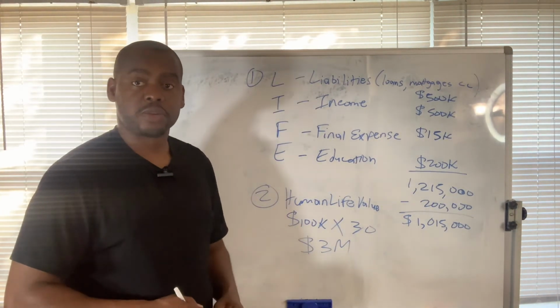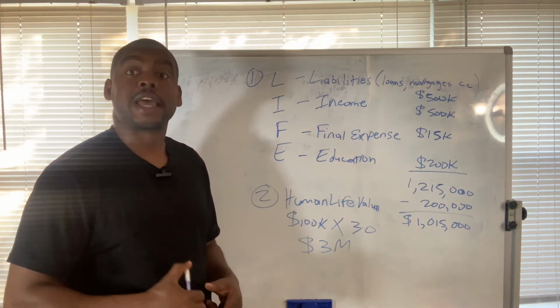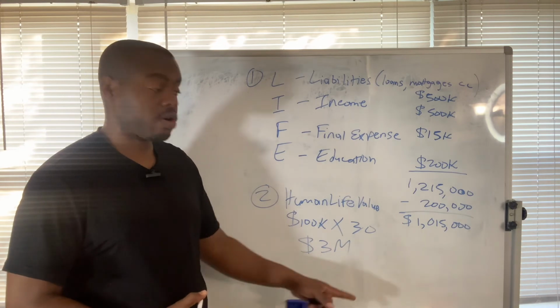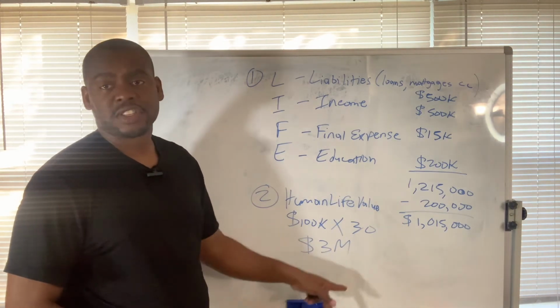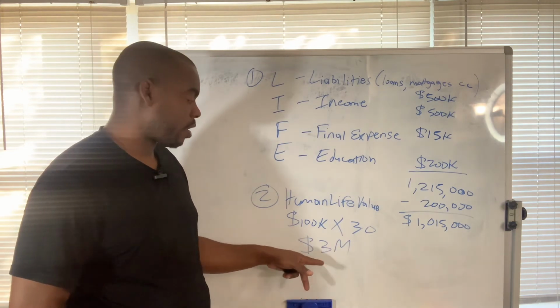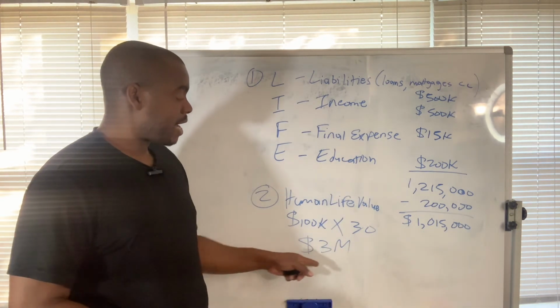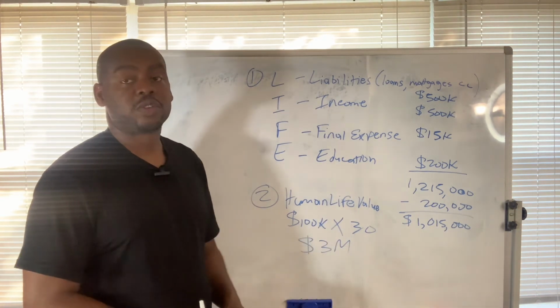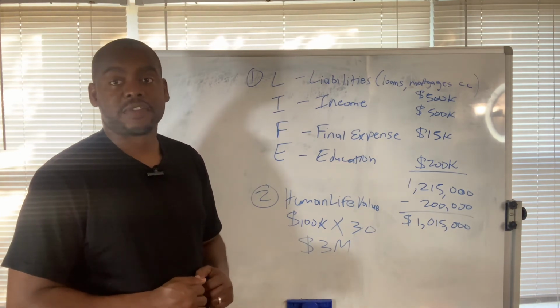As long as you can prove that this is what the value is and you can afford the premium it will cost to be insured for 3 million. But that's what they will insure you. If it's a term policy, that's definitely affordable if you make 100,000 a year. But as long as you can prove that you can afford it, that insurance company will allow you to be insured for up to 3 million of life insurance.